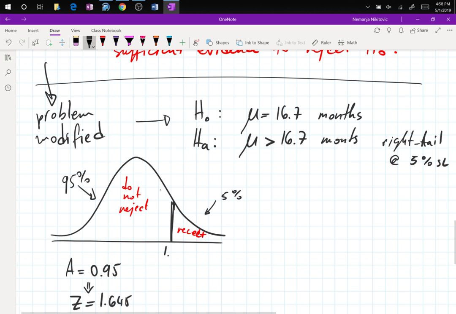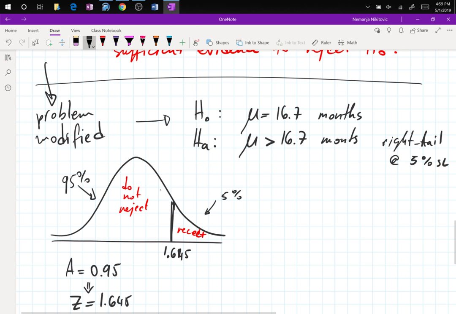So when you have area or probability, you're looking for 0.95. 0.9 starts here. 0.90, 0.92, 0.93, 0.94, go back, 0.95.